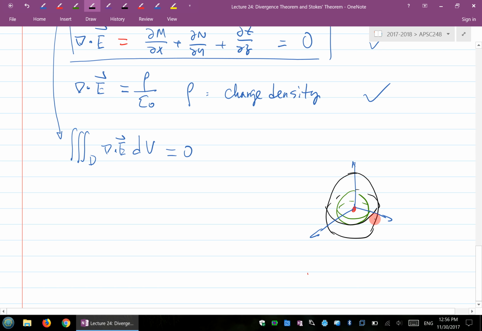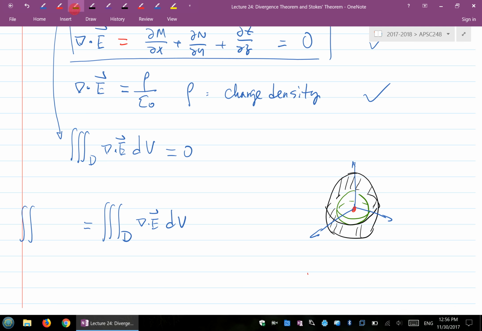So now if we consider the region between the two spheres, we have a region D. What's the surface enclosing this region D?